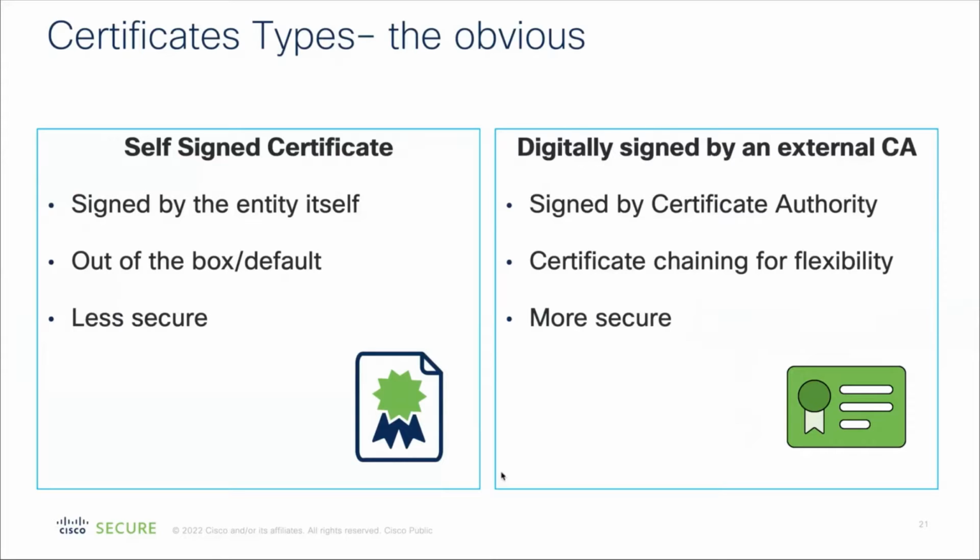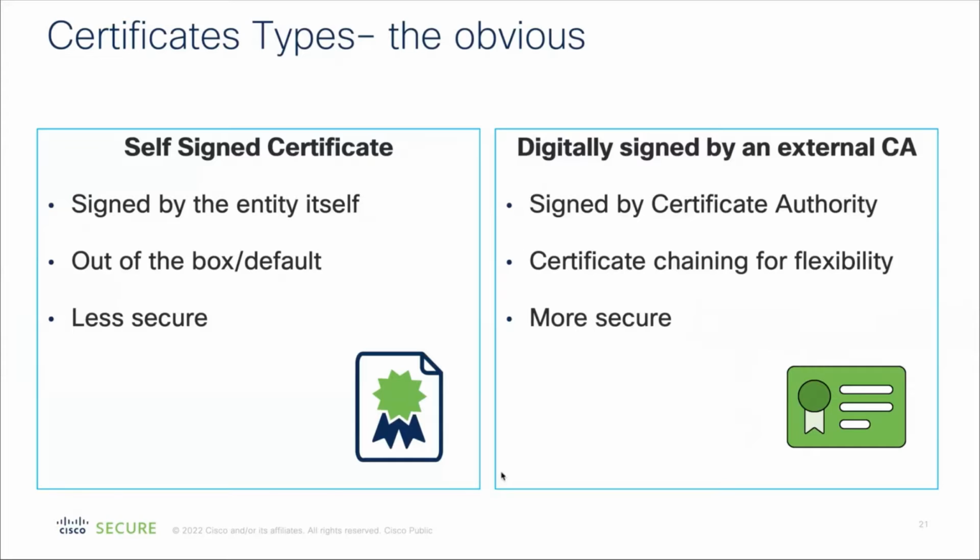So a certificate issued or signed by the certificate authority can be used rather than one signed by itself. And you can also make use of certificate chaining for flexibility. Chaining means you can make use of an intermediate certificate. For example, if Cisco wanted to bring up all the applications with certificates, they can make use of an intermediate CA.